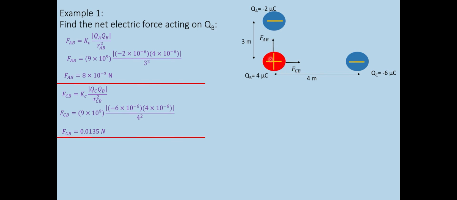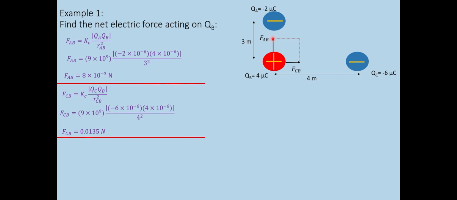As you see, FAB and FCB are perpendicular to each other. They form a right angle. Then their resultant is found using the Pythagorean theorem. Why? If I continue drawing the rectangle, this diagonal is equal to this diagonal in magnitude.